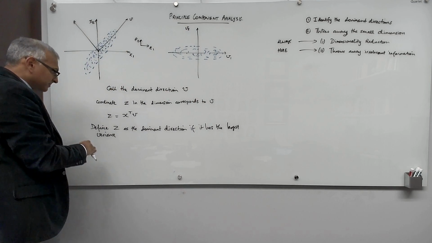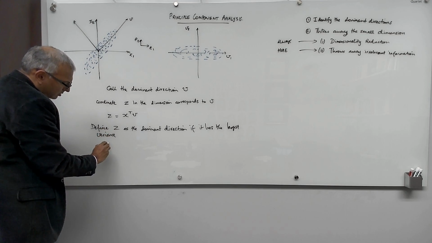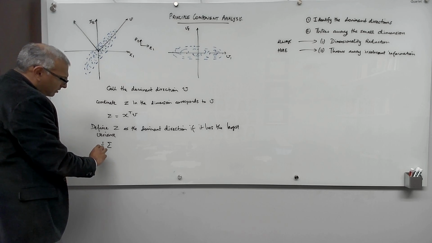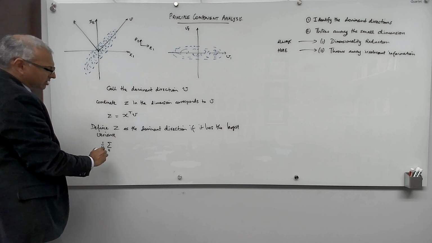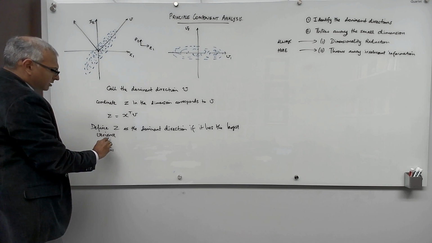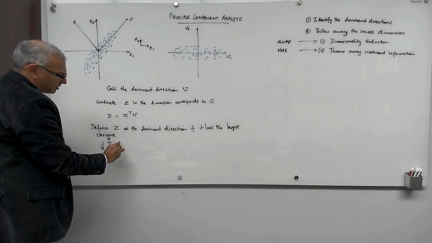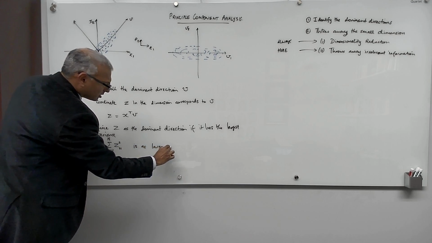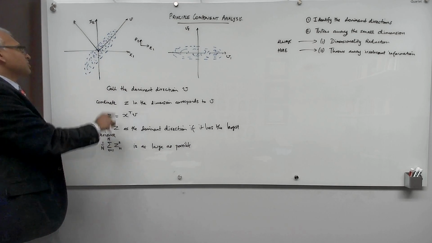So in other words, the sum over your data points, because these are your data points, the sum over your data points going from 1 to n of the squared value, Zn squared, is as large as possible. Now this is the variance because the mean is 0.